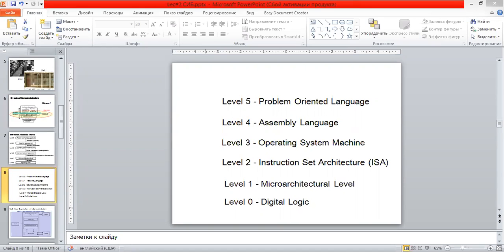For example, Microsoft Word is used for document creation, Excel for accounting, spreadsheets, электронные таблицы. Yeah? The language at this level is usually a sequence of keystrokes, or high-level scripting languages.